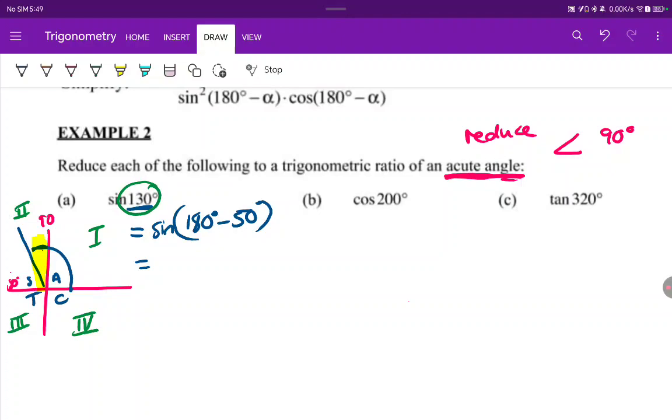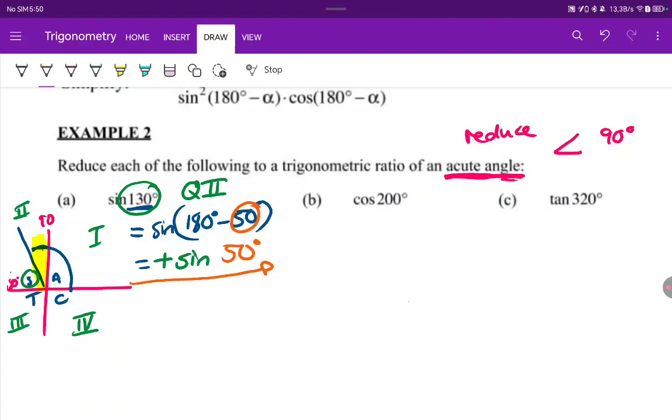130 is in quadrant number 2. And in quadrant number 2, sine is positive. Can you see that? Sine is positive in quadrant number 2. So your answer is going to be positive sine, and you take this angle from your reduction, positive sine of 50 degrees. That is your answer. So what did you do?